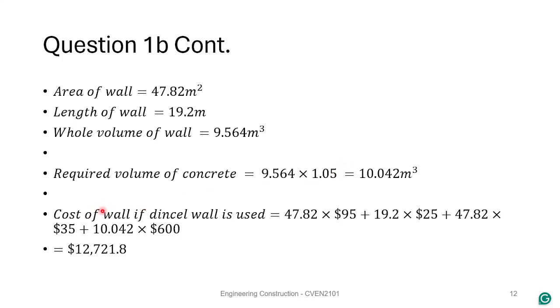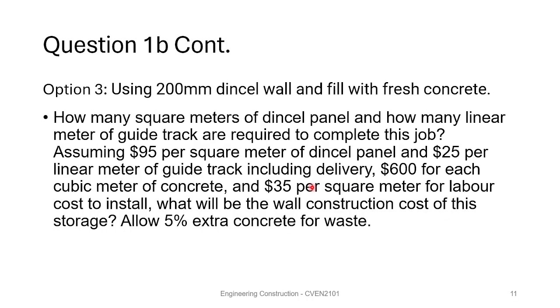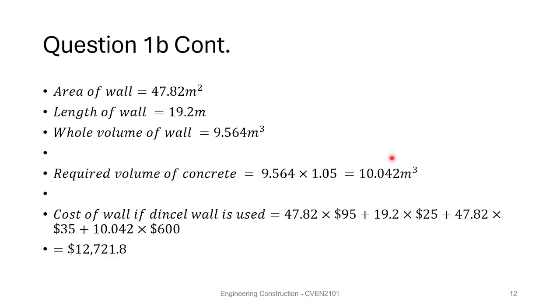So if you want to use a Dinsel wall, we know that it's $95 per square meter for the Dinsel panel itself, right? And then the guide track would be $25 per linear meter. So if we go back to the question, the guide track is $25 per linear meter, so we don't need to convert this 19.2 into an area.